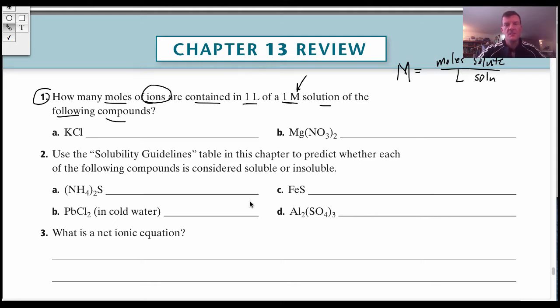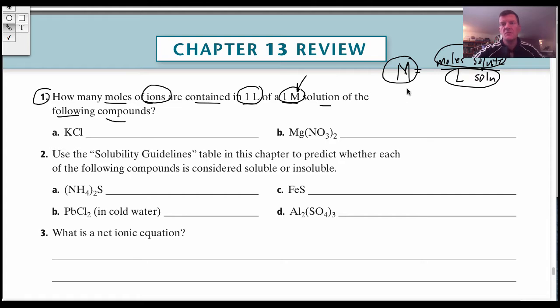Okay? So notice what we have here. We have 1 liter, that is the denominator. We have the concentration, 1 molar, that's the actual concentration, and we should be able to find the number of moles of the solute.